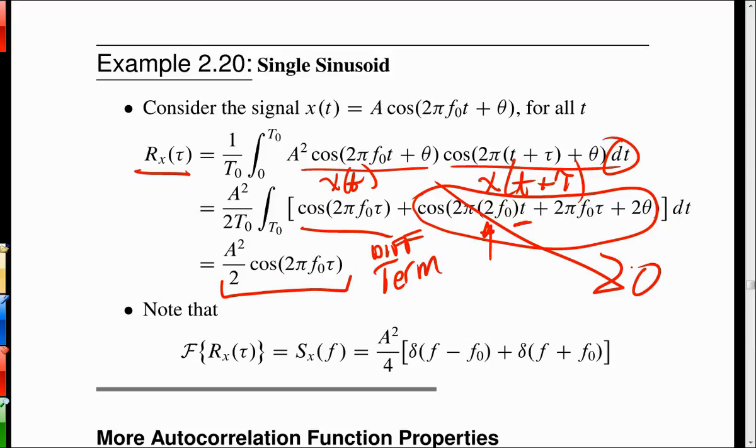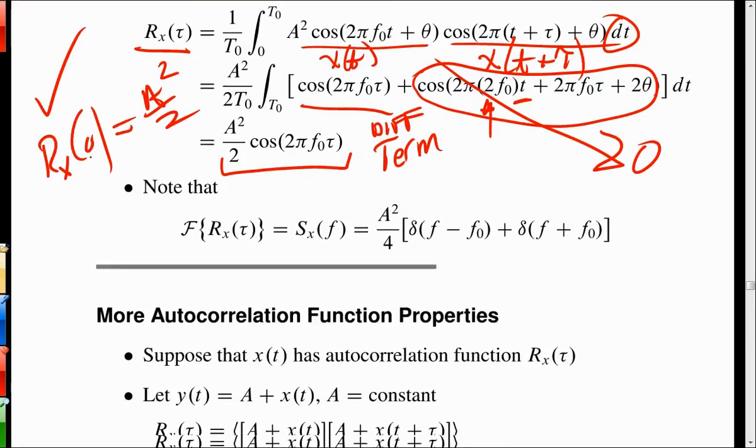So there's the autocorrelation function. Just as a quick check along the way, one of the properties of the autocorrelation function was at 0 it's supposed to be the power, right? That was the time average power. And sure enough, it's going to be a squared over 2, so that's good. It's also periodic, so that's good.